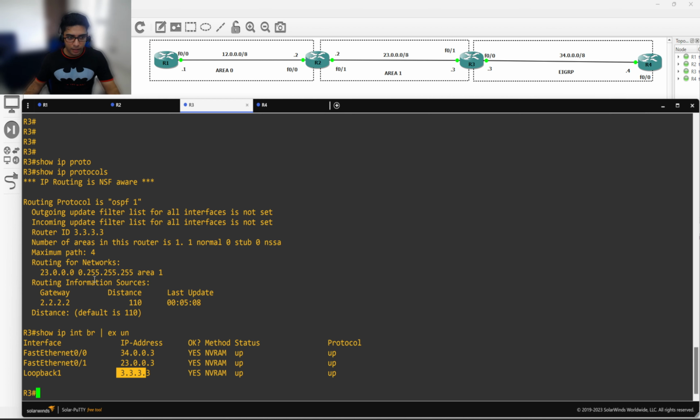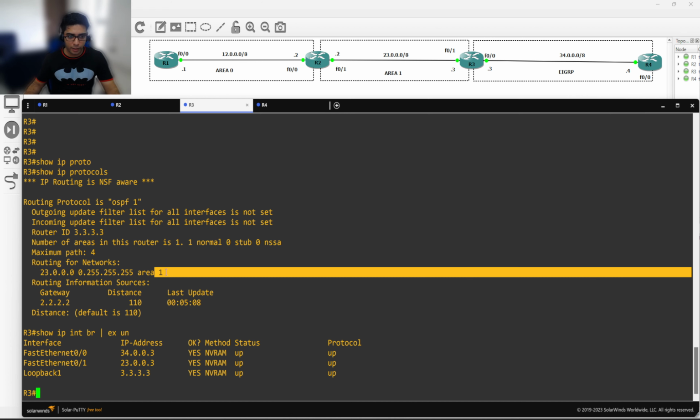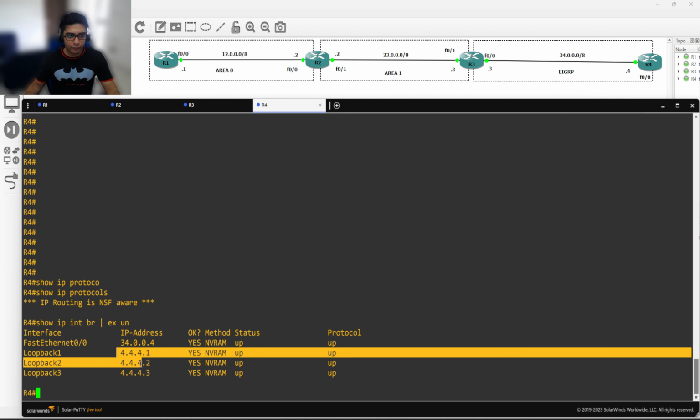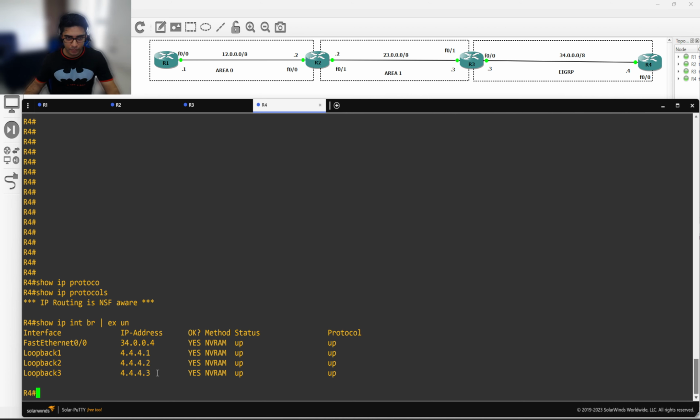The network 23 that is facing R2 is part of area number 1. I have not yet created EIGRP as of now on R3. On R4 as well, we can see there is no EIGRP configured. However, you can see the IP addresses configured on R4, and I have created 3 loopback addresses.